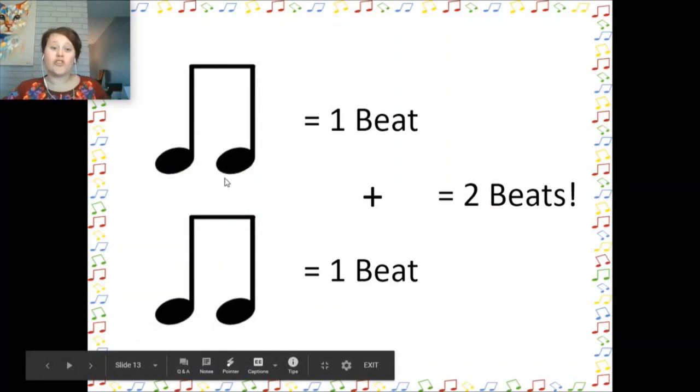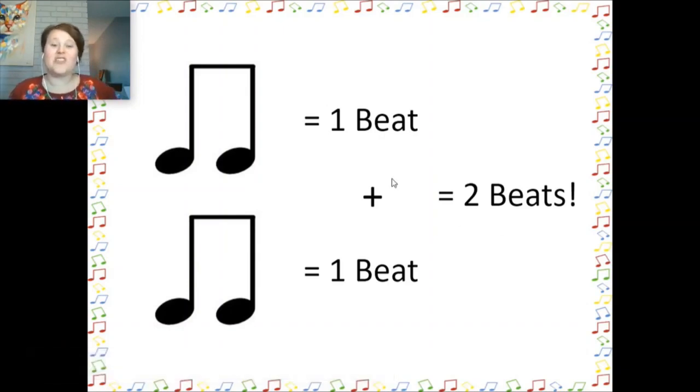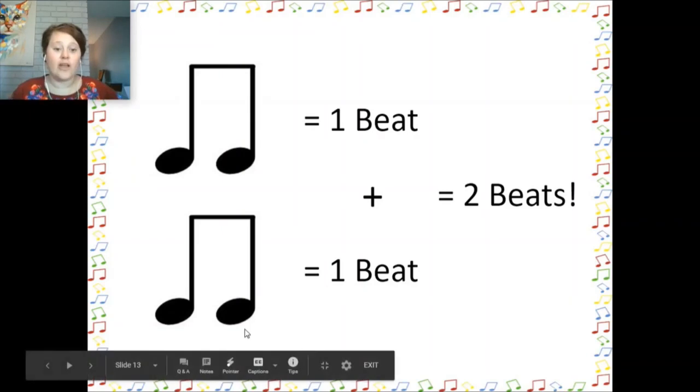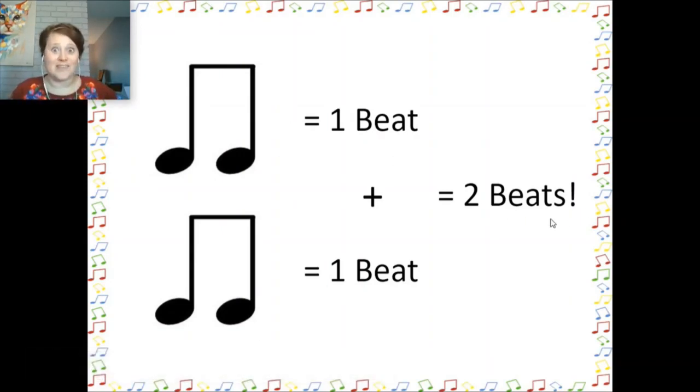So if two eighth notes equal one beat, and then two eighth notes equal one beat, then you add that together, and it's two beats. So even though there's one, two, three, four sounds, still only two beats.